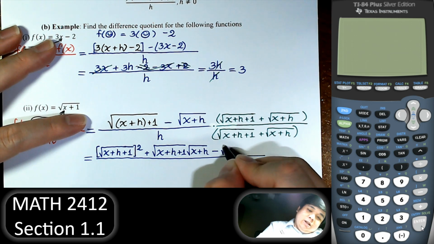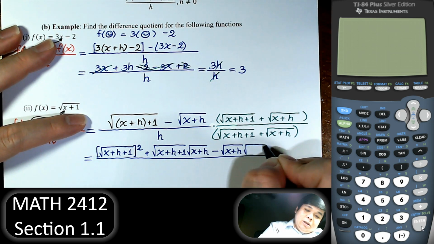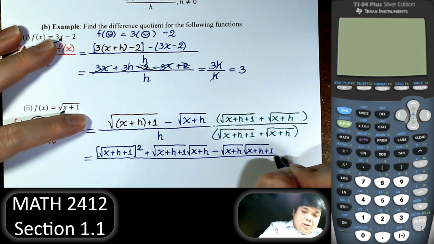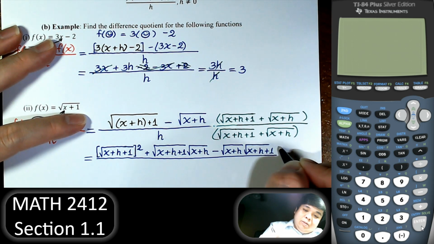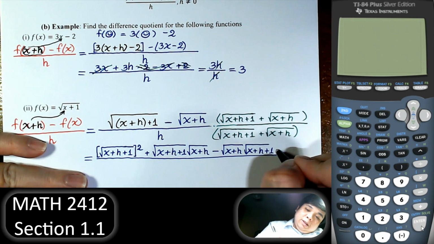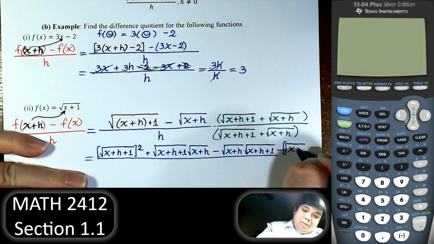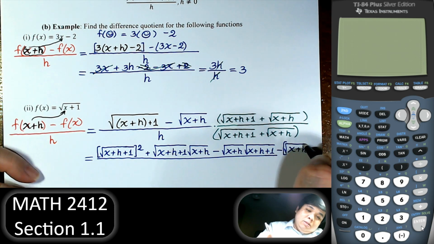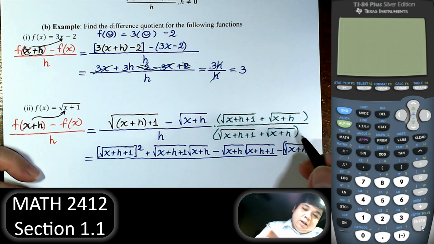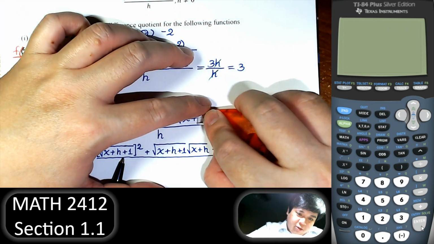And then subtract the other one, and that times that will be the square root of x plus 1 squared. Sorry, this will be 1, I just copied it wrong.